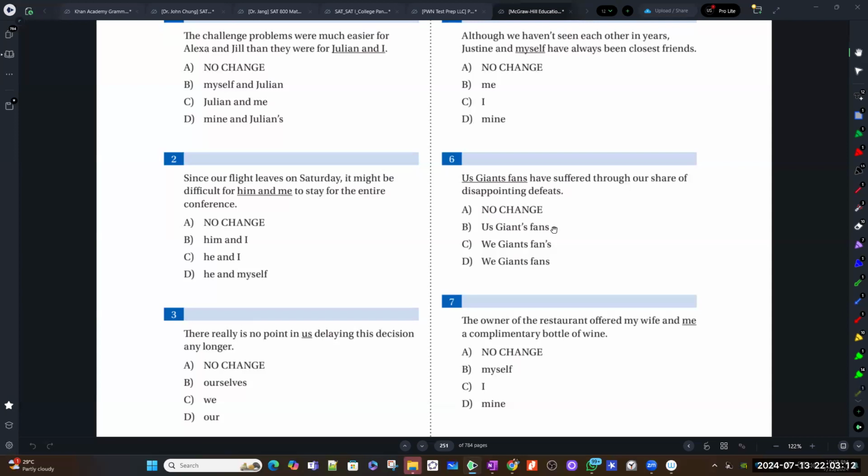A, correct as is. Giants is the name, right? So apostrophe s on Giants. Now I don't know if the team's name is Giants or something else. We don't know about that. Giant is a team, so Giant apostrophe s is wrong.